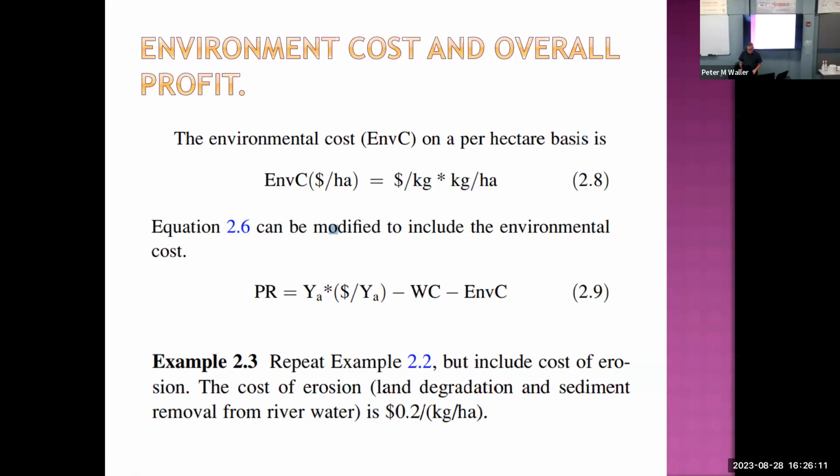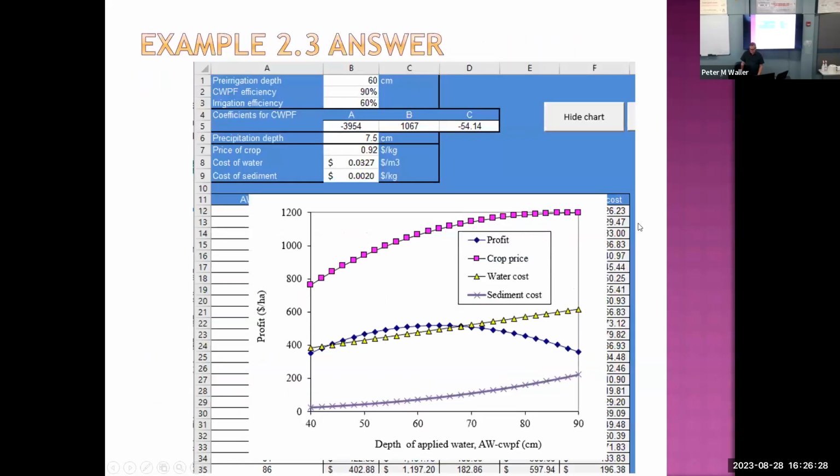Okay, so go ahead and do this example, but now include a cost of erosion. And the way you'll do that is just putting 0.002 in that cell. So go ahead and do that. And I don't think I really have to stop here because that's pretty simple. So you should get a graph like this, where now your maximum profit looks like more like $500.